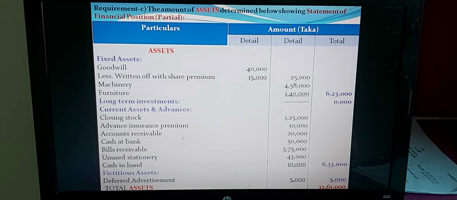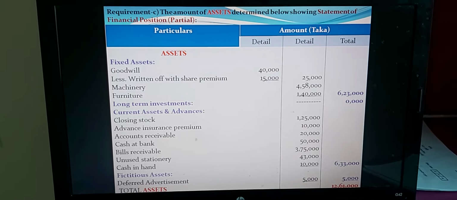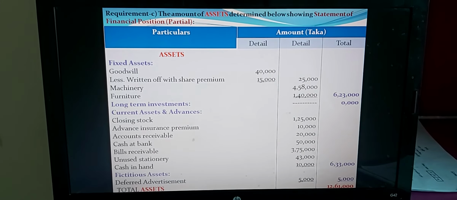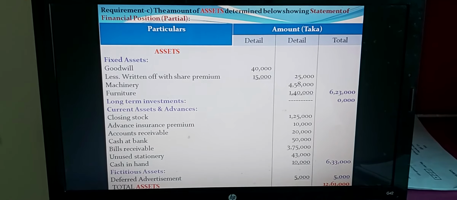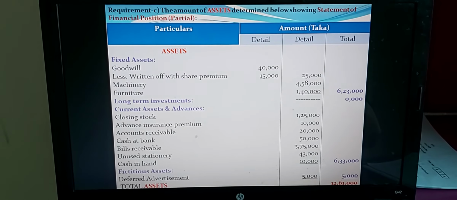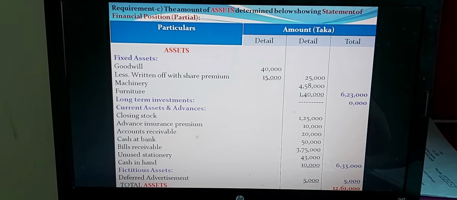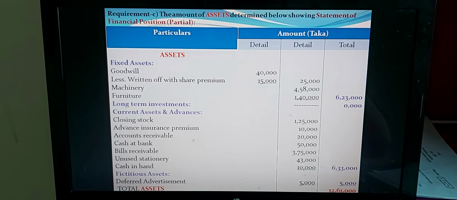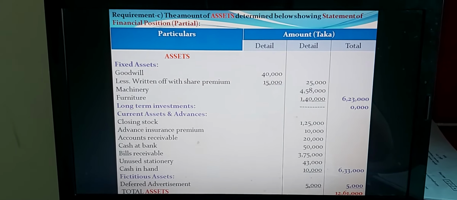Dear learners, it can be said that statement of financial position is not critical, but it will take much more time for preparing this statement.